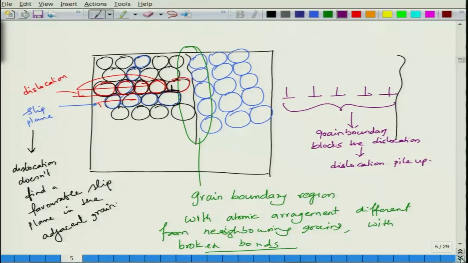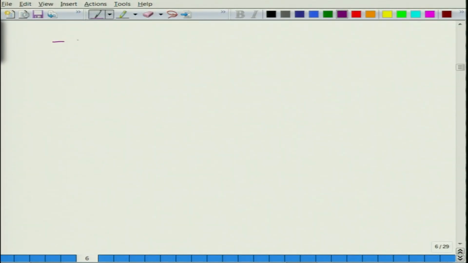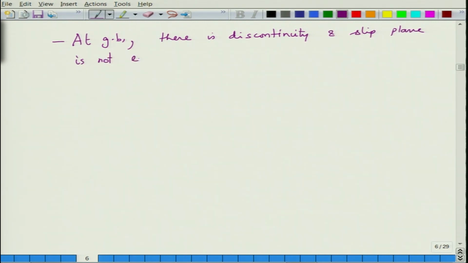So, essentially what happens is that at the grain boundary there is a discontinuity and the slip plane is not extended into the adjacent grain.